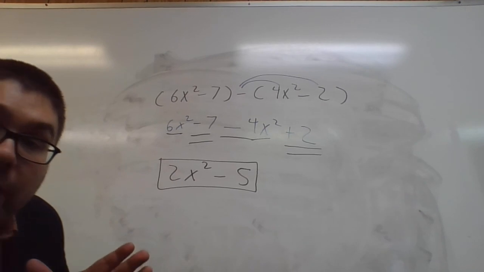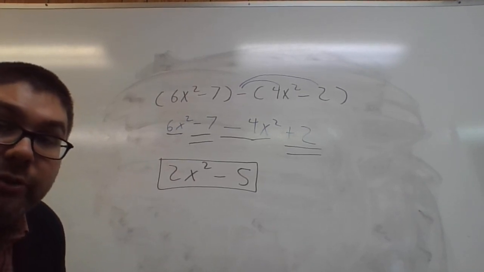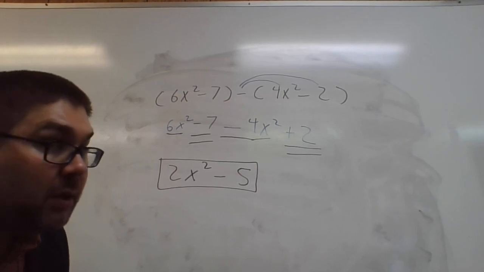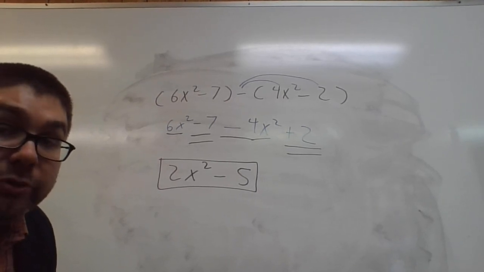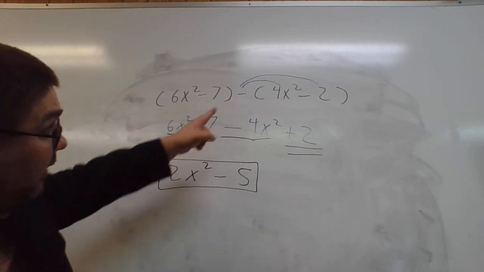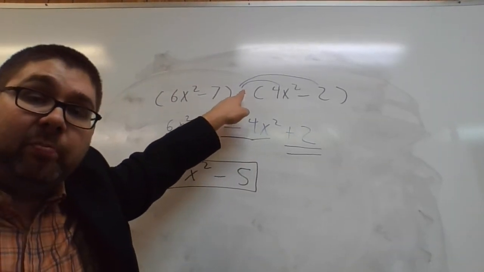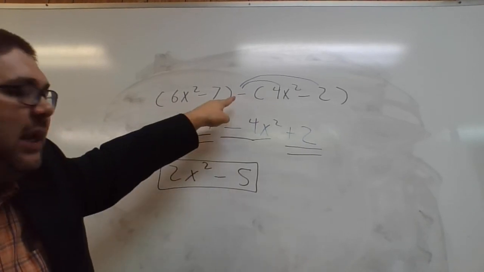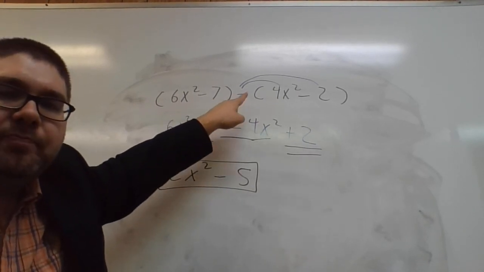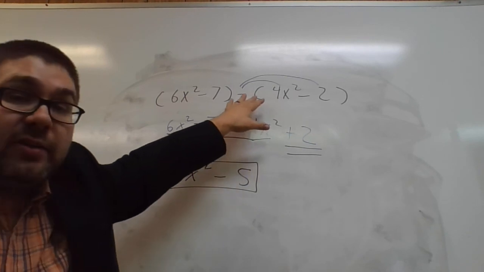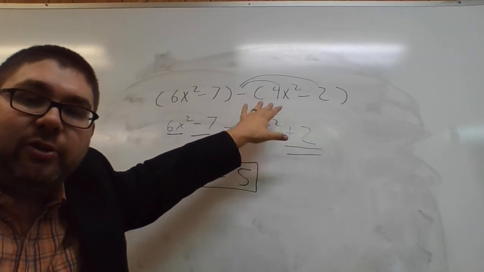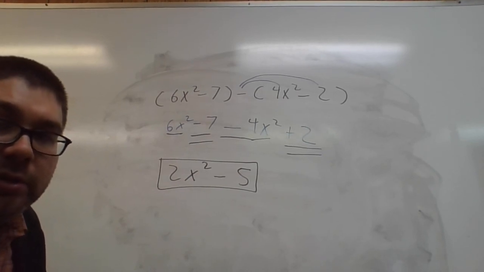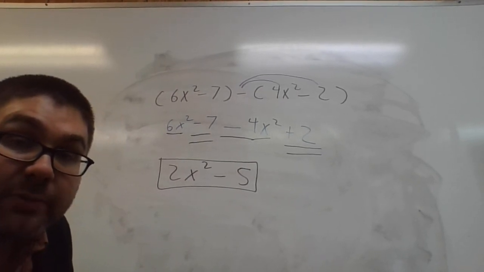So when you're adding polynomials, essentially you're just combining like terms. That's all you're doing. When you're subtracting polynomials, you have one extra step, and that is anything in the parentheses following a negative sign, you're going to change the sign, and then you'll combine like terms. And I don't care how many terms are in that parenthesis.